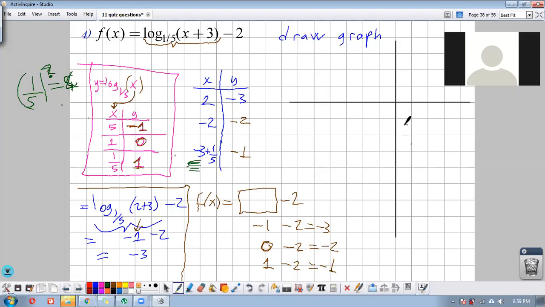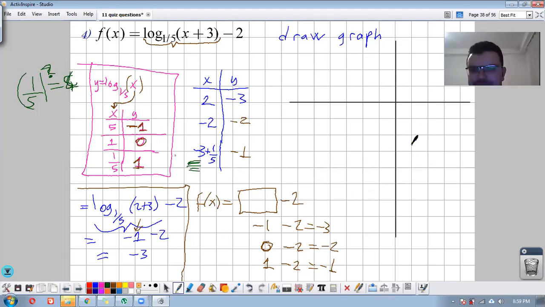So now everyone, let's put these results in here. Firstly, x is equal to minus 3. That is the asymptote. When I draw the line, it mustn't cut this. Then x number 2, y number minus 3. Here we have the point. And x number minus 2, y number minus 2. Here we have another point.